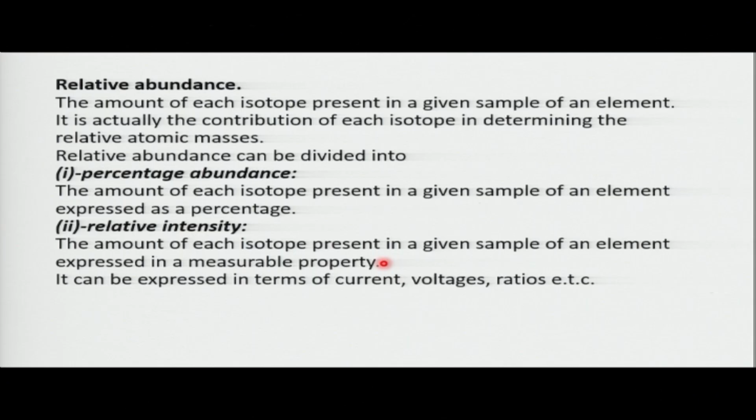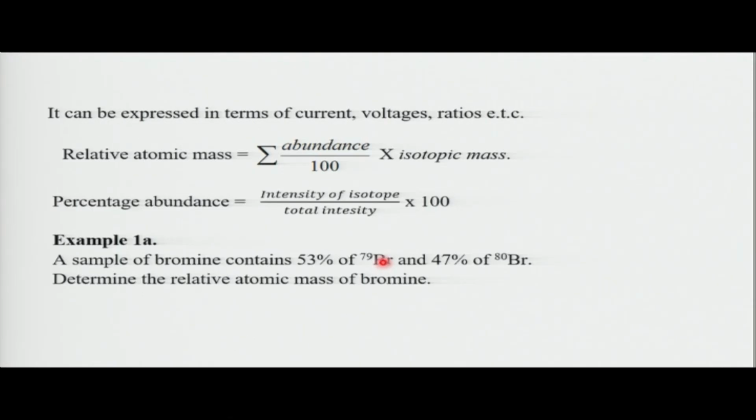It can be expressed in terms of current, in terms of voltage, in terms of ratios, as we are going to see. So we use the abundance to calculate the relative atomic mass. It is equal to the summation of abundance divided by 100 times isotopic mass. Then percentage abundance is equal to the intensity of the isotope divided by total intensity times 100.